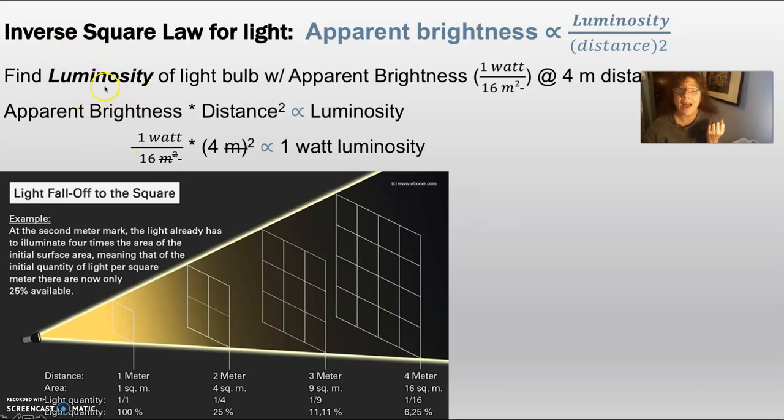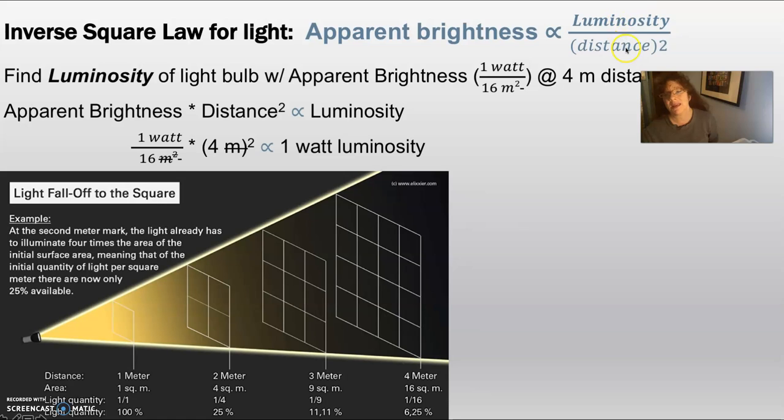So I'm usually not looking for apparent brightness in this equation, but I can look for luminosity from this equation. If I have the apparent brightness, which I can either see or look up in a catalog, and I have the distance at 4 meters, here's my star, and here's my 4-meter distance, and I have the apparent brightness at 1/16th meter squared at 4 meters, then I can solve for luminosity.